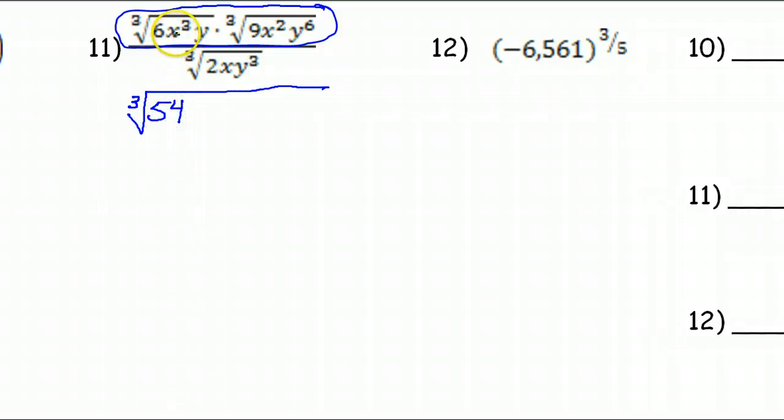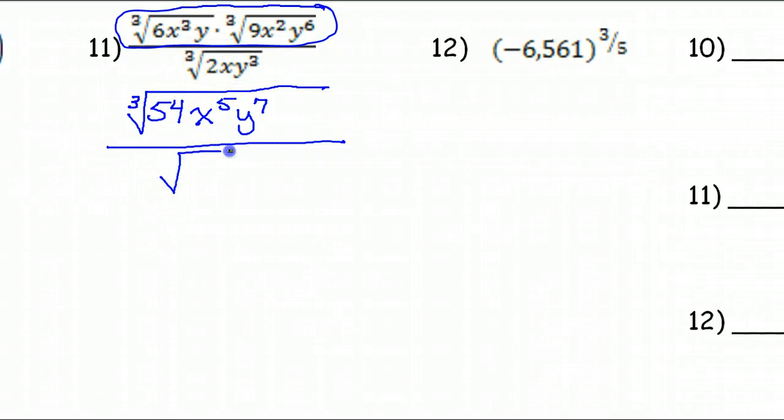Okay, x to the third times x squared is x to the 5th power, because we add those exponents. Y times y to the 6th is going to be y to the 7th power over, and for now I'm just going to copy this down. So it's over the cube root of 2xy to the 3rd power.